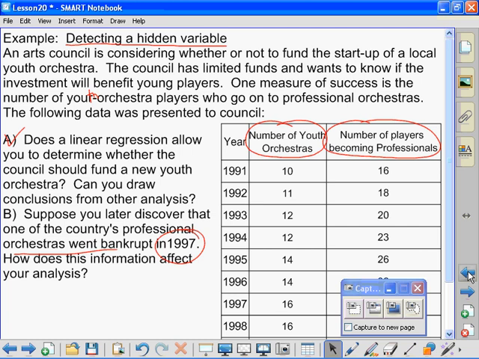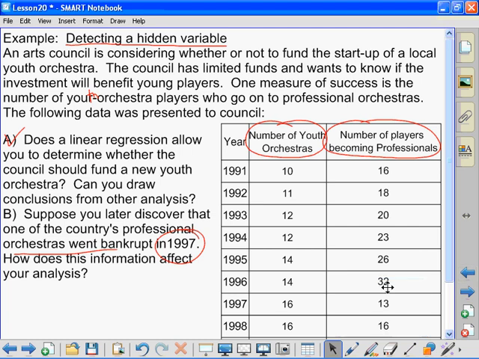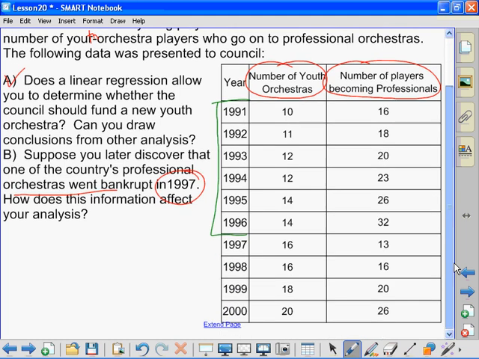Well, that tells me that I can analyze my data up to 97 before the collapse of the orchestra, and then I need to analyze it afterwards.